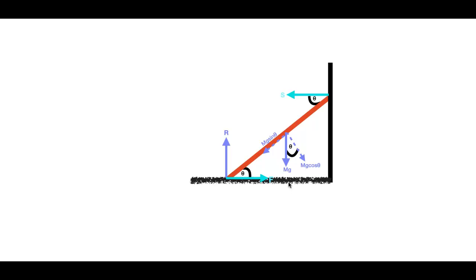The mg was balanced by R, so we are going to resolve R. So this is R cos theta, and the other one is R sin theta. Again, R cos theta and R sin theta make 90 degrees, and R is in between them. Let's write the components of frictional force, F. So this would be F cos theta, and downwards we have F sin theta.